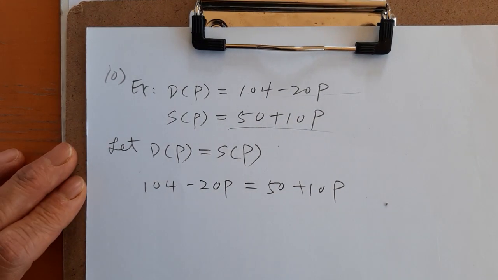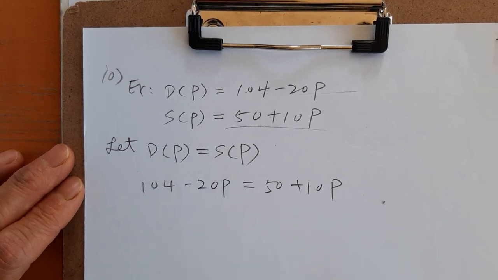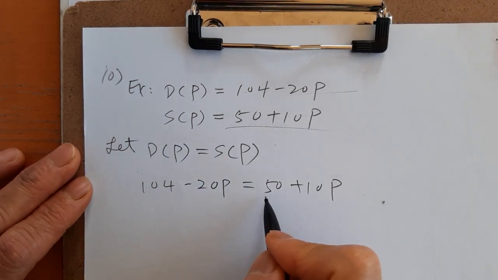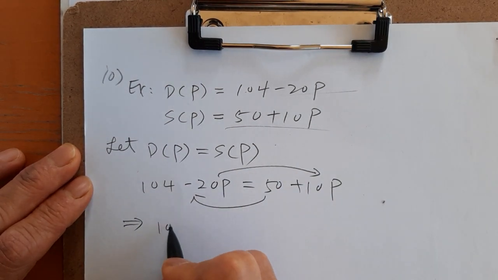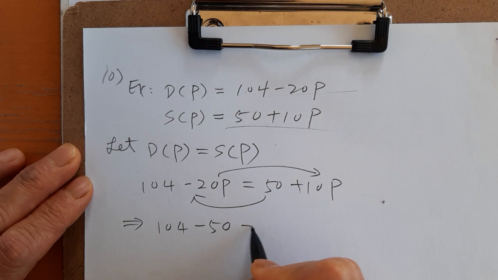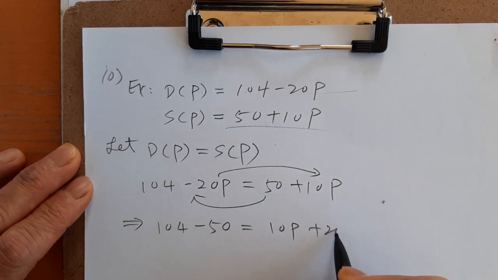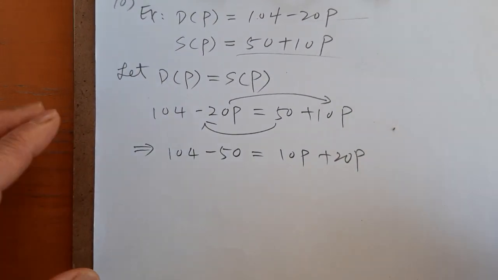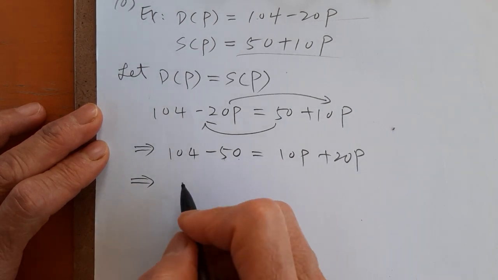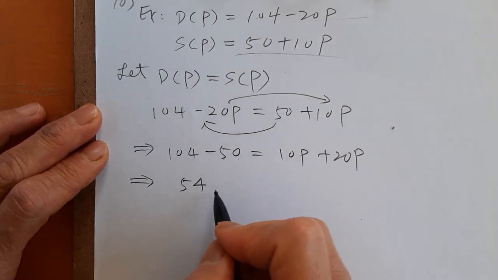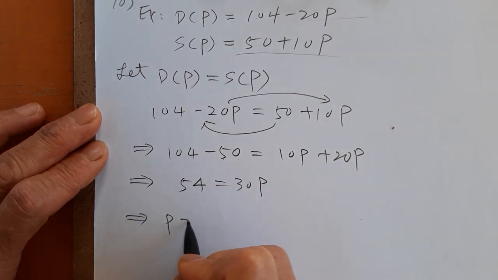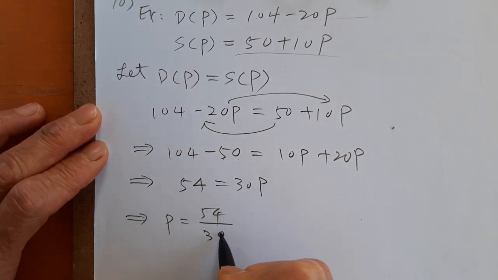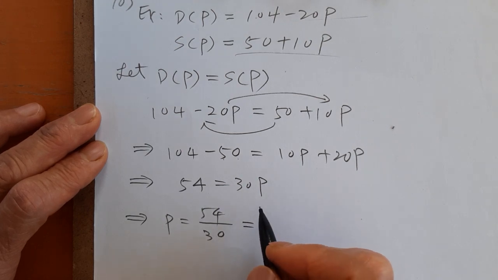Then you solve for P. Move the 50 over and move the 20P over, changing the sign. 104 minus 50 equals 10P add 20P. Then 104 minus 50 is 54, equals 30P. Then P equals 54 divided by 30.